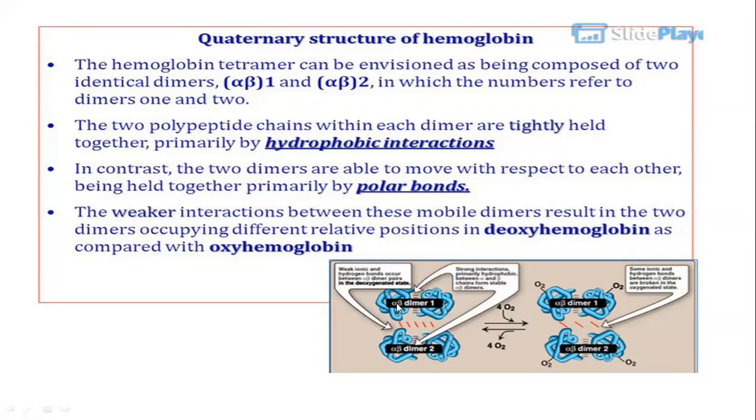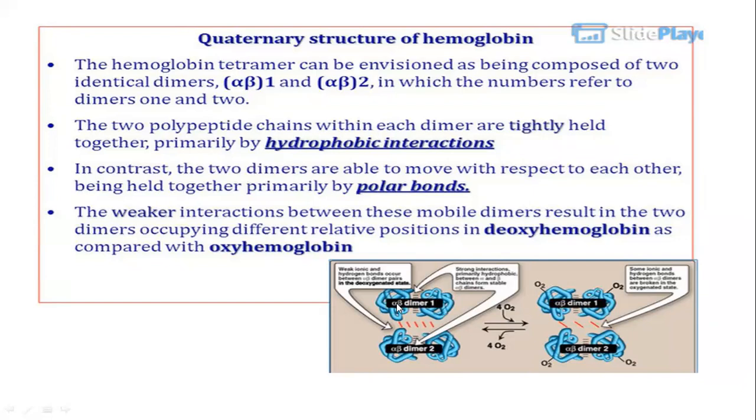Okay, and I think we demonstrated some hydrophobic bonds when we were looking at the tertiary structure. So those bonds are essential in bringing together 2 globin chains to form a dimer. So the bonds between a dimer are described as hydrophobic.